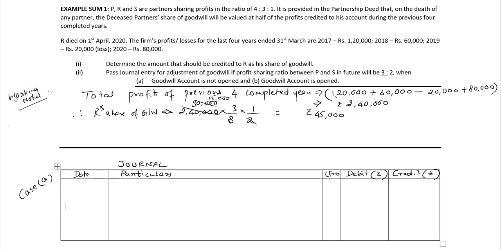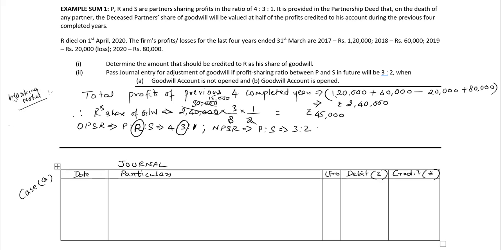We need to ascertain the gaining ratio. As per the problem, the old profit sharing ratio between P, R and S is equal to 4:3:1. The deceased partner is R, and further the new profit sharing ratio between P and S is given as 3:2.